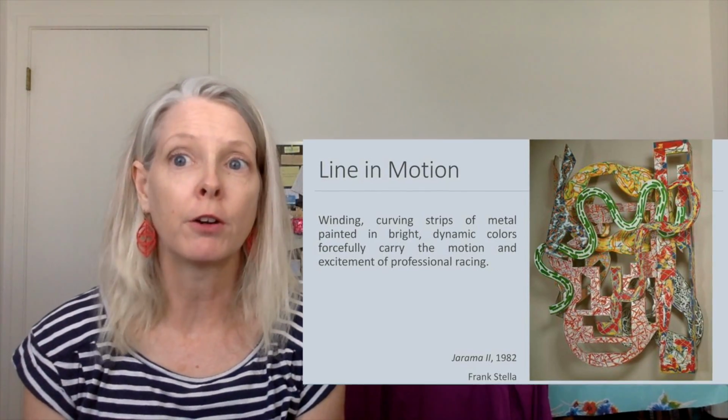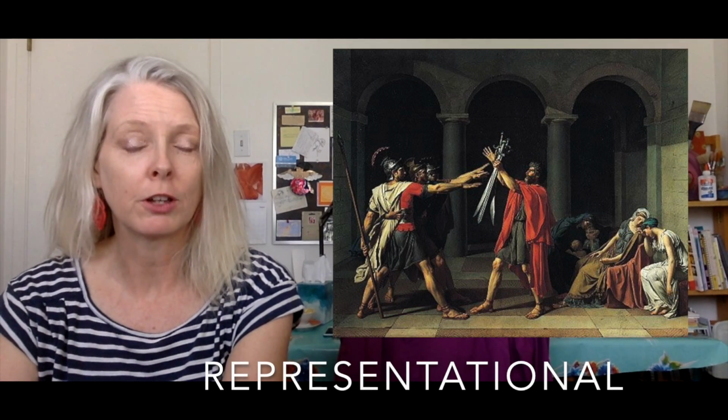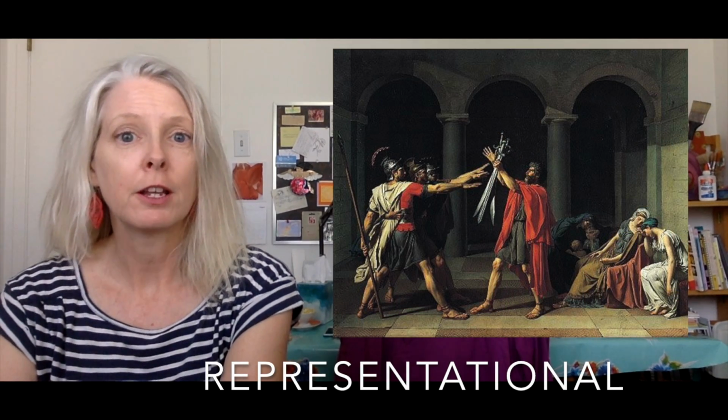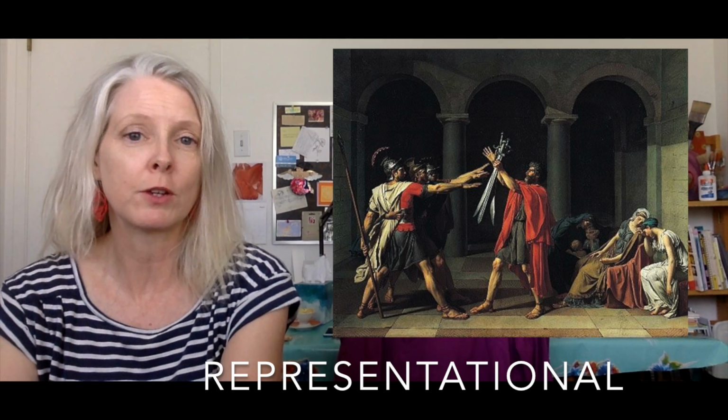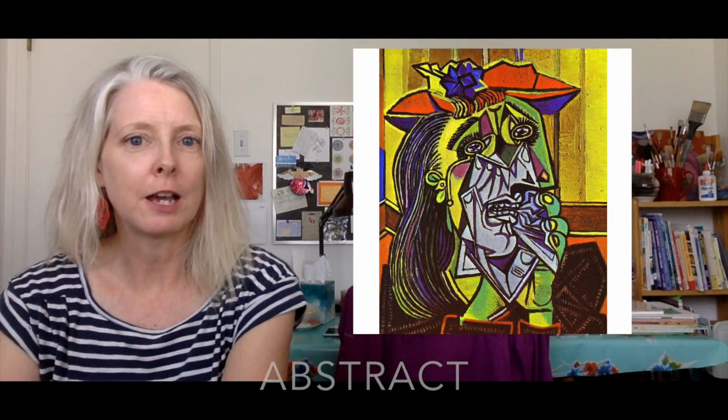Maybe we can title our artwork too today. So let's talk about a couple of different kinds of ways to make art for a minute. One way is called representational, and representational art is realistic. It shows what the artist was thinking of, and you can see that it looks real. So another type of art is abstract art.